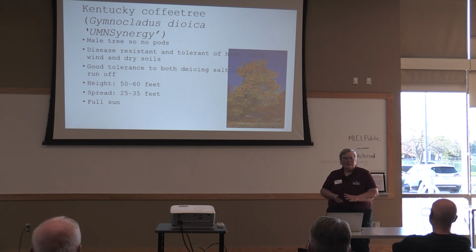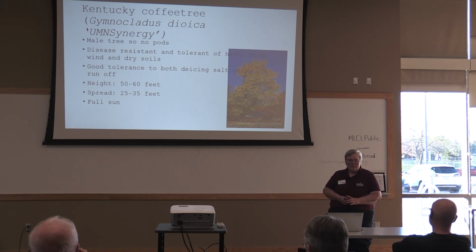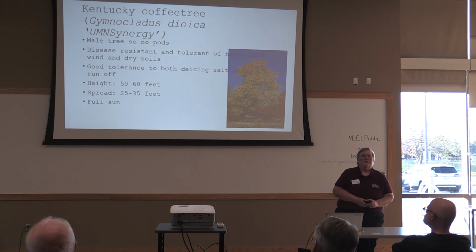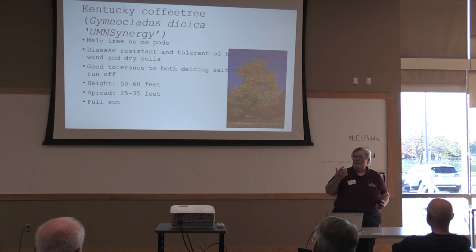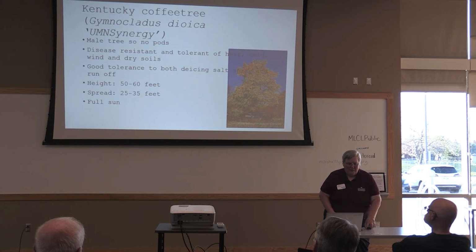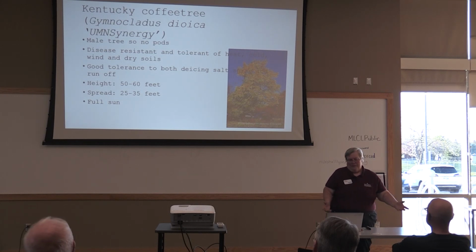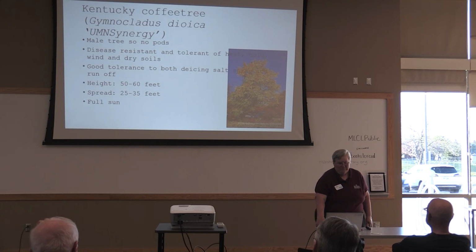It also has very good tolerance for both de-icing salt spray and runoff. So if you're near an area where you get a lot of salt runoff, parking lots, places like that, this would be a good candidate, or near a road that you're getting the spray. 50 to 60 feet tall, 25 to 30 feet wide, needs full sun.